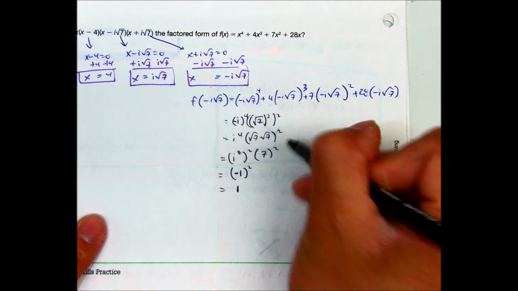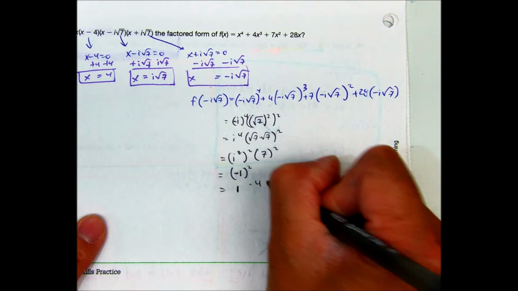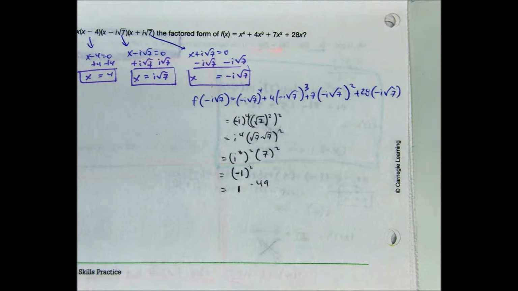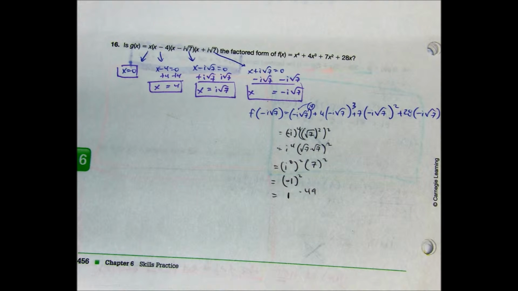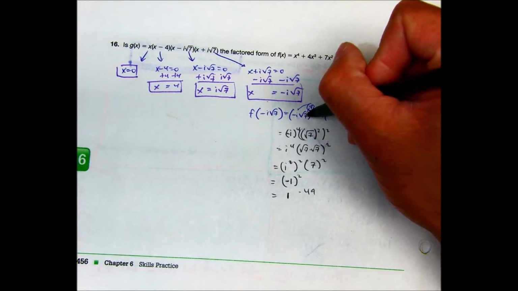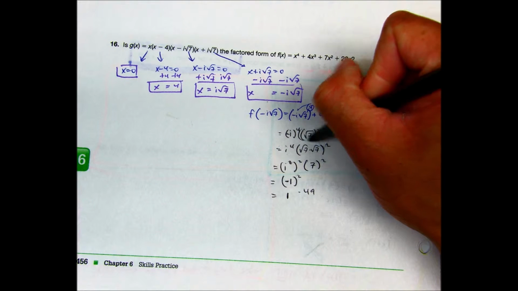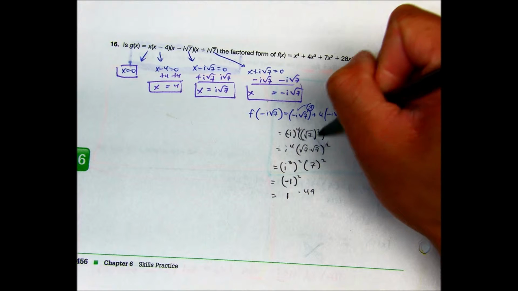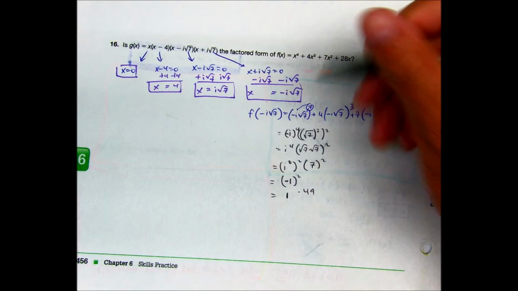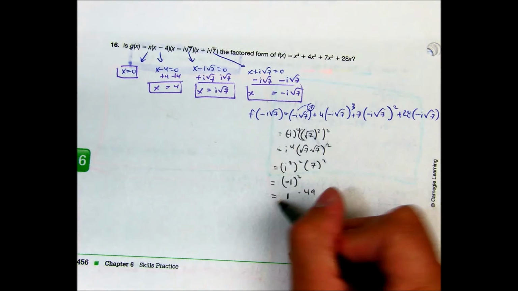And then 7 squared gives you 49. So we're just simplifying here. Radical 7 to the 4th power here just means radical 7 times radical 7, which is just radical 49, which is 7, and 7 squared is 49. So essentially all of that just became 49.